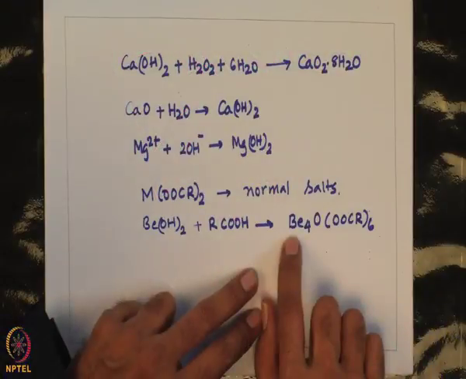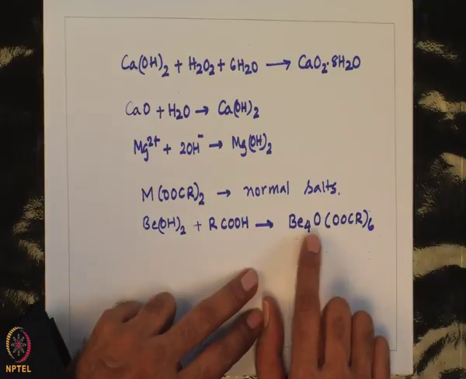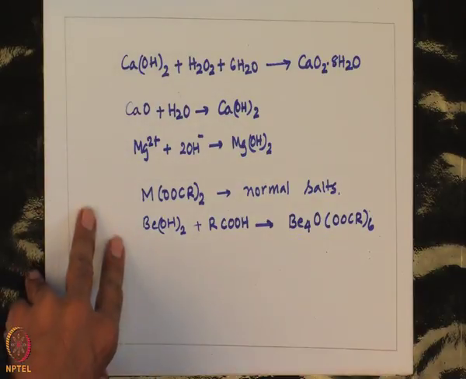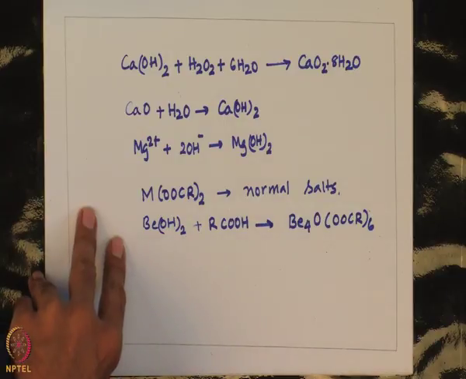With magnesium to barium, you get simply the corresponding carboxylates as normal salts, similar to sodium acetate. Whereas in the case of beryllium hydroxide, it reacts to give a basic carboxylate which has 4 beryllium atoms, 1 oxygen atom, and 6 carboxylate groups. And let us look into the structure, how it looks.